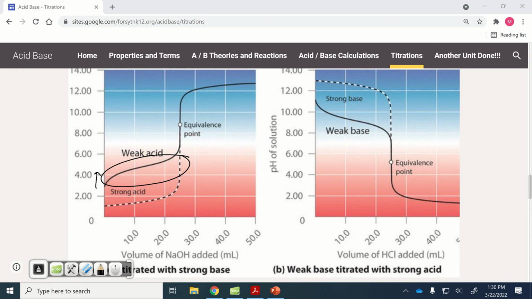You can see I have the other line showing where the strong acid would show up. Same thing for the weak base. What we will see here is this little line as we go across will be a little bit longer in some ways. You'll see a little bit of resistance for even that strong acid. It doesn't immediately make it a low pH. The strong base doesn't make it a really high pH right away.